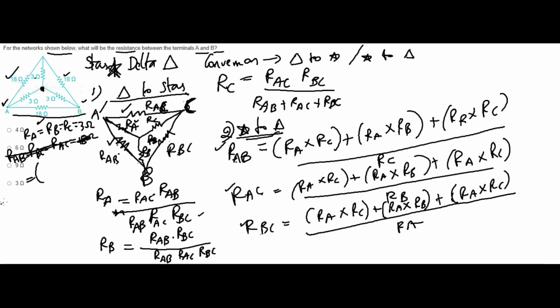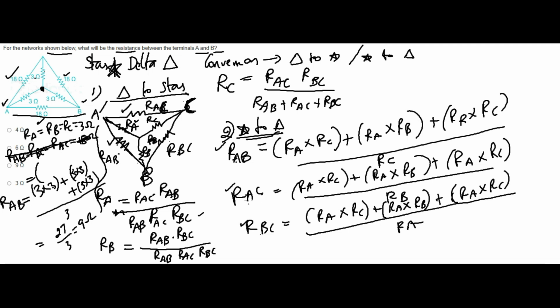First of all, RAB is equal to RARC. So that is 3 into 3 plus RBA, RB, that also 3 into 3, and then afterwards plus 3 into 3. The whole divided by what is RC? RC is the same thing, that is also 3. Is that right? So if you do it, that is equal to 9 plus 9 plus 9, 27 by 3, that is equal to 9 ohm.